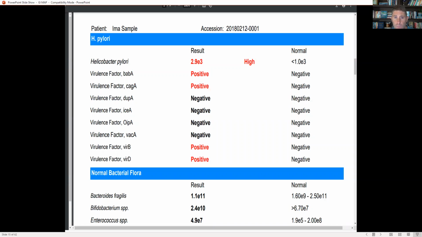Even when I see H. pylori at any level, even if it's not elevated, if the person is having a lot of symptoms, I look at stomach acid markers, which I'll talk about. I look at their history, their symptoms, and other lab tests. If I see a pattern for low stomach acid and H. pylori is present, you've got to treat that. You've got to go in there and get it.